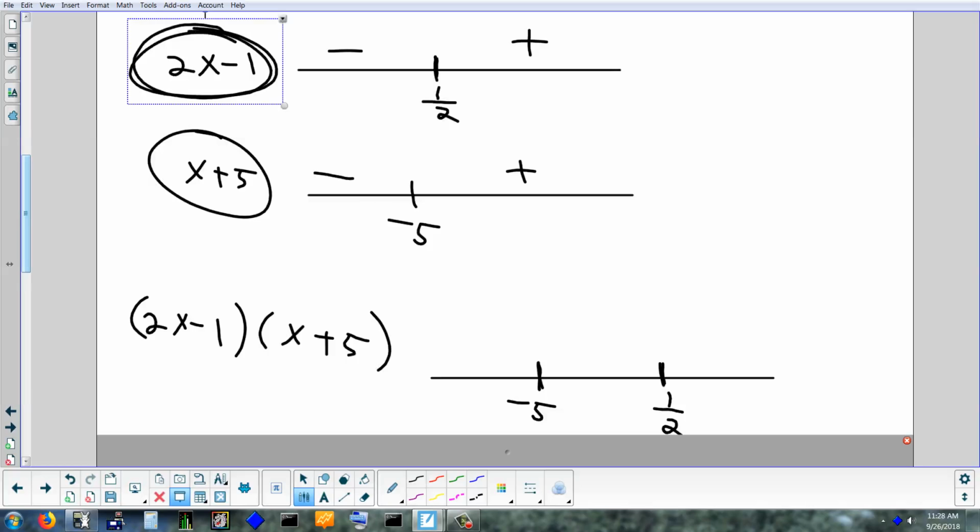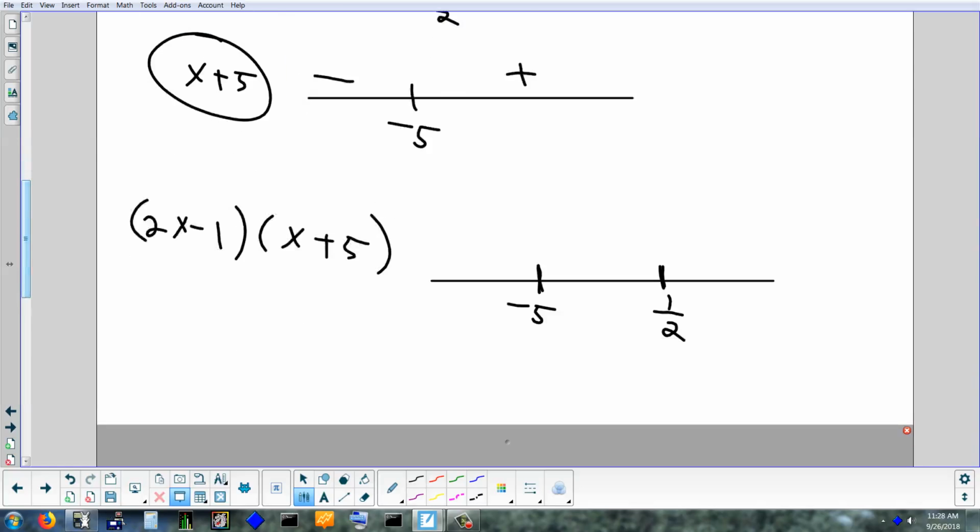Let's start with the section where stuff is less than negative 5. Let's look at the top number line. If I plug in a number that's less than negative 5 into the top one, what kind of number do I get? So, Nathan? You get a negative number? Yep, I'll get a negative. So off to the side, I'm just going to keep track of that. So negative.